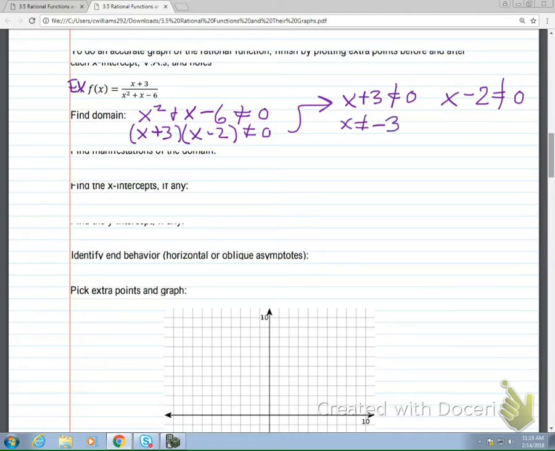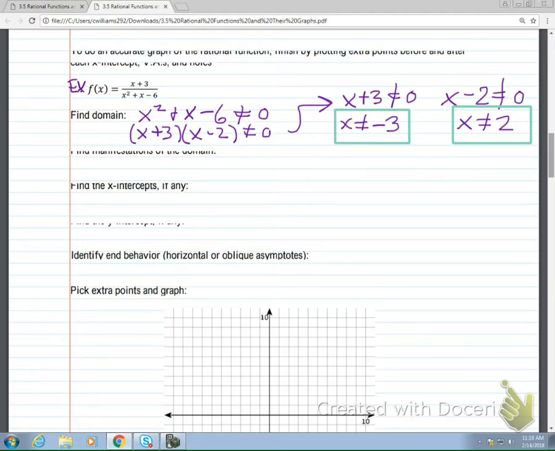So what we find is that we've got some problem children here. The x values of -3 and 2 absolutely must be avoided for this function. In fact, the function avoids them on its own. It knows that. So we know that this graph is not defined at those two locations. So those are the answers for your domain.